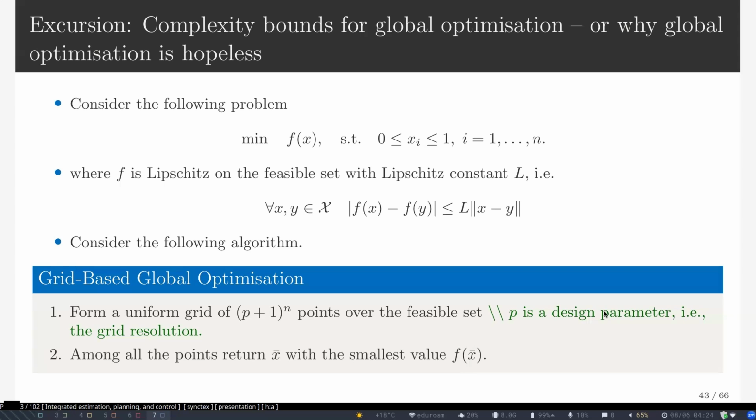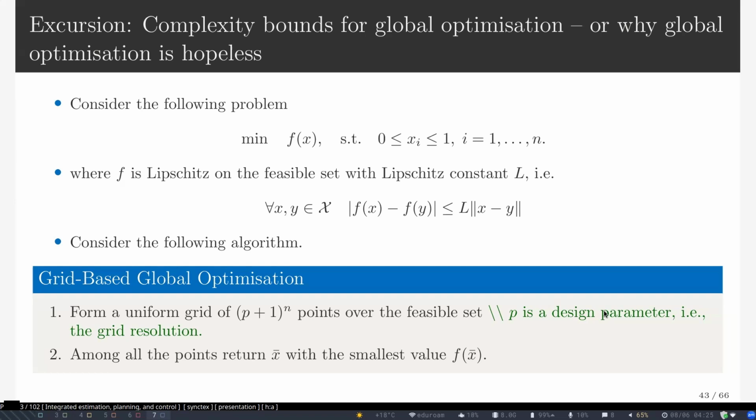Imagine I want to solve a very simple optimization problem: minimizing f(x). The constraint set is that each variable is between 0 and 1. I know that f is Lipschitz as well. So if I calculate the difference between two different points, it's upper bounded by some scalar times the distance of those points.